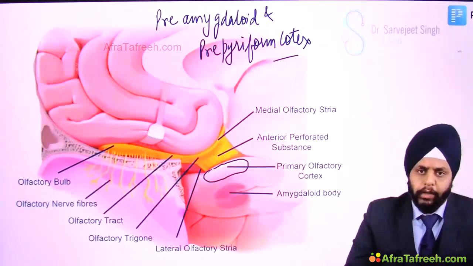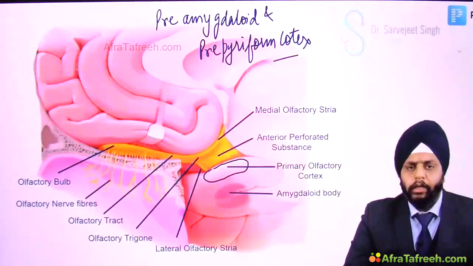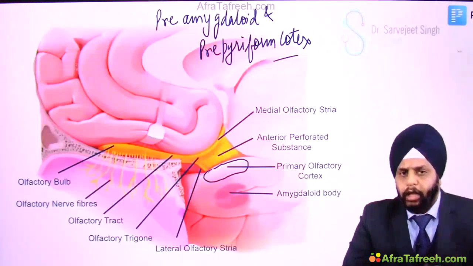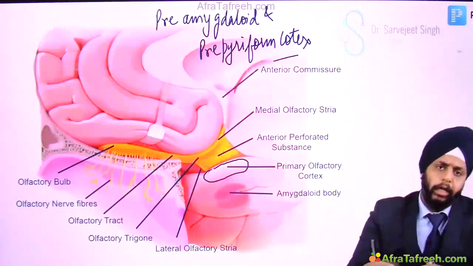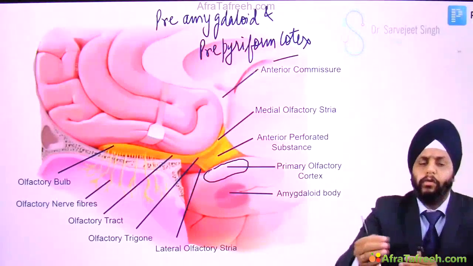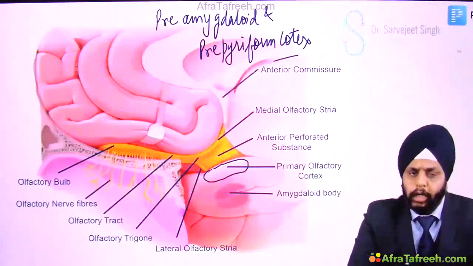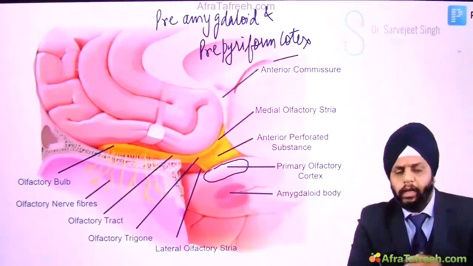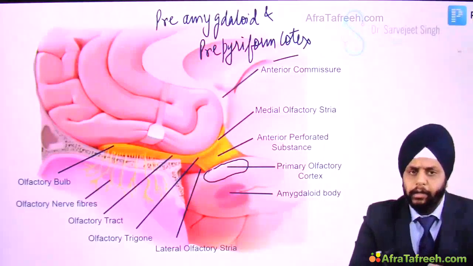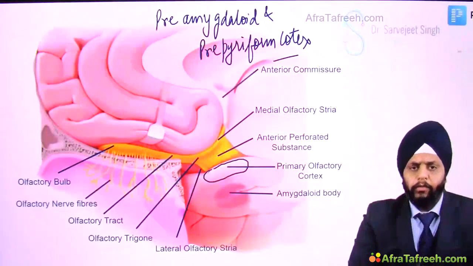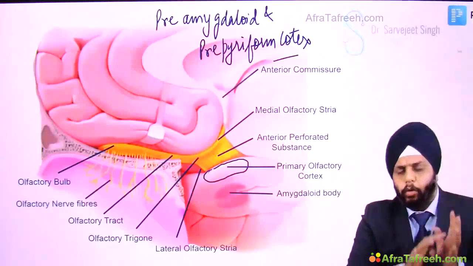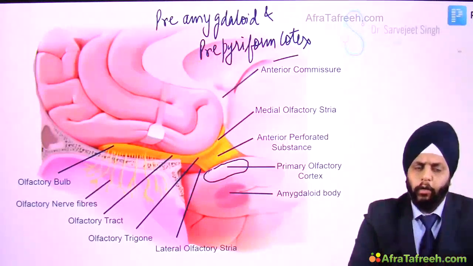Okay, now this is the primary olfactory cortex. Now the medial olfactory stria perforates the anterior commissure, and then it goes to the contralateral olfactory bulb, and it gives an efferent supply to it. Okay, so this is the whole neural pathway of the olfaction.